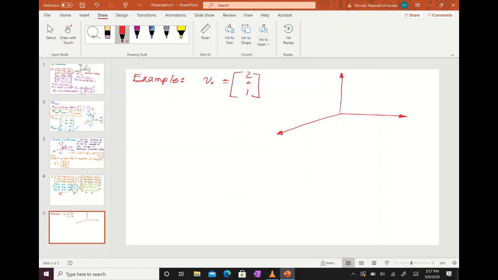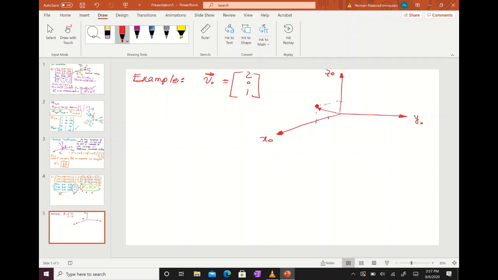I know this point, x0, y0, and z0. Suppose its x is 2, y is 1, and z is 2. So this is the point I know. When I say this vector, it means the position of that point.